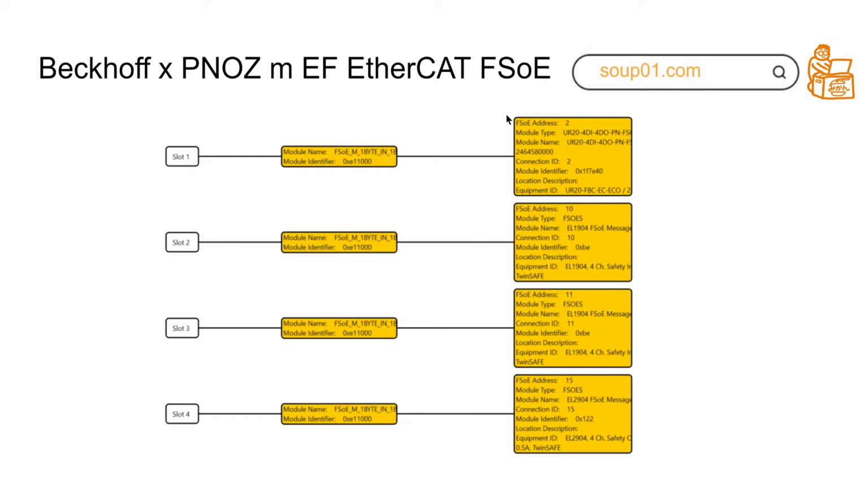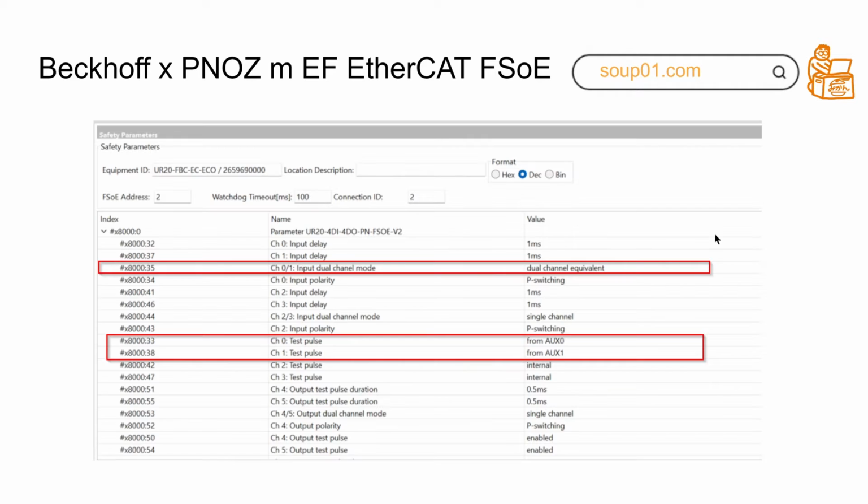Then there is some highlight: don't forget to set the FSoE address and the connection IDs. The FSoE address you can set by using the DIP switch on the hardware, and for the connection ID, just make sure it is not duplicated in your network. Then depending on your application, please configure all the parameters you need to use this time.